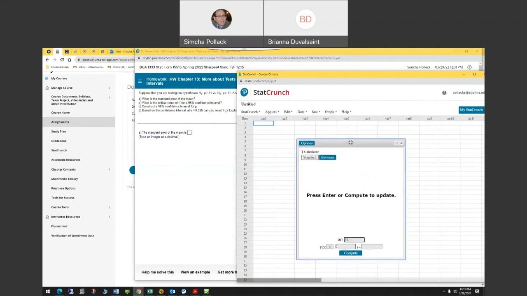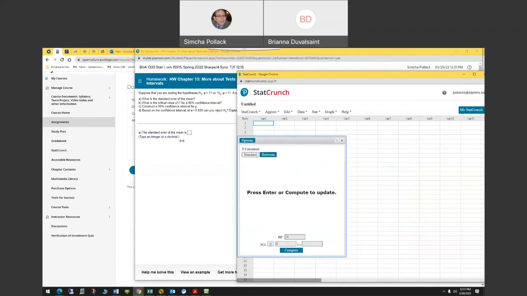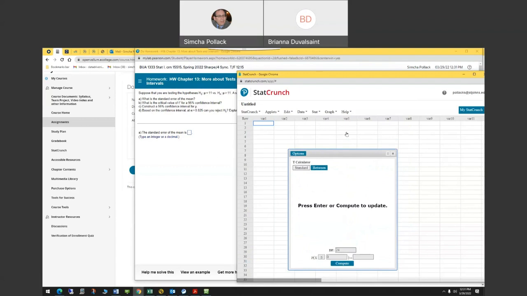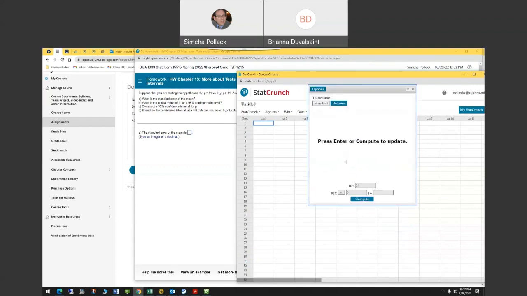Now they're telling you to make a 95% confidence interval. Here I'm not even 100% sure myself, because usually confidence intervals are on two sides. Of course, we're dealing with just greater than as opposed to not equal. We only focus on one side. Where's that picture again? There's a picture here.